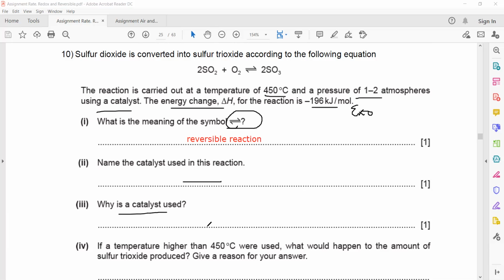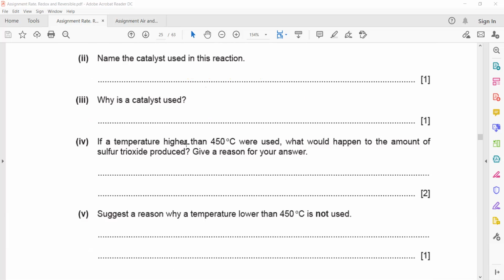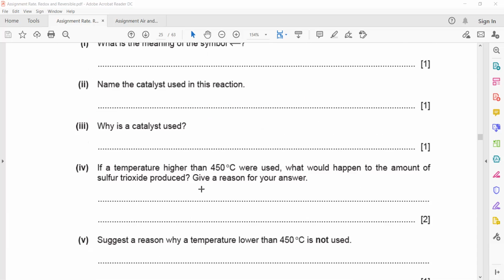Why is a catalyst used? What is the purpose? Why do we use a catalyst for this reaction? The purpose of the catalyst is to speed up the reaction, to increase the rate.